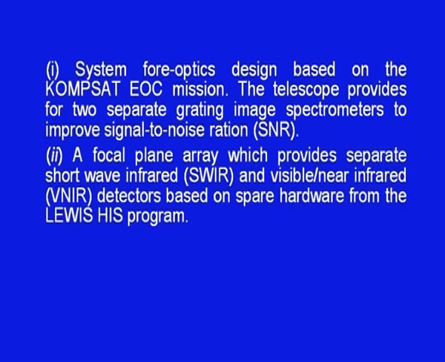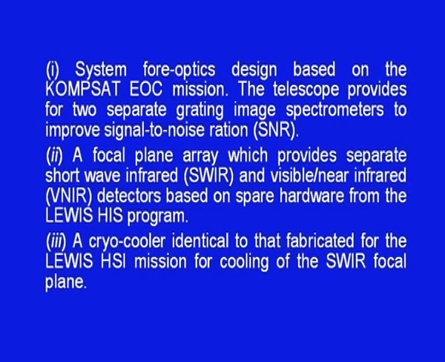A focal plane array which provides separate short wave infrared and visible or near infrared detectors, based on spare hardware from the Lewis HSI program. A cryocooler identical to that fabricated for the Lewis HSI mission for cooling of the SWIR focal plane.